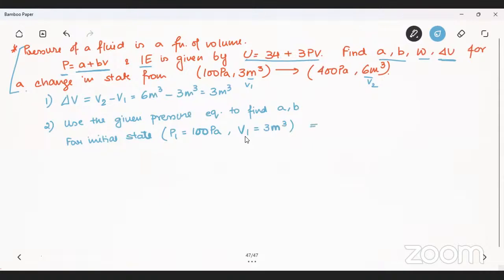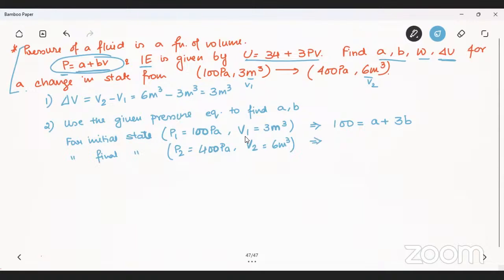That is, 100 is equal to A plus 3B using this equation. Okay. So for the final state, P2 is equal to 400 Pascals and volume 2 is 6 meter cube.